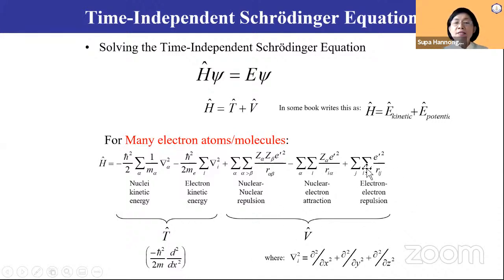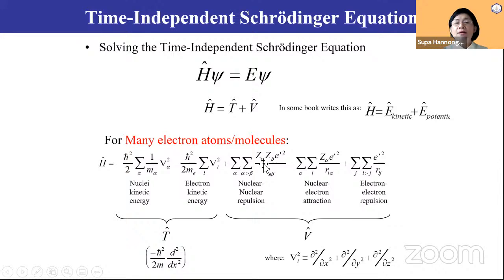And the other three terms represent the potential energy term. The potential energy term considers the nuclear repulsion. If you remember, the nuclear repulsion is represented by the charge of the nuclei, which is Ze, one Ze and another Ze.